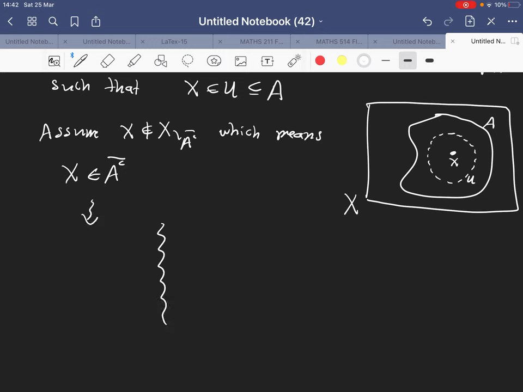Option number one, X is in A complement, and option two, X is a limit point for this.